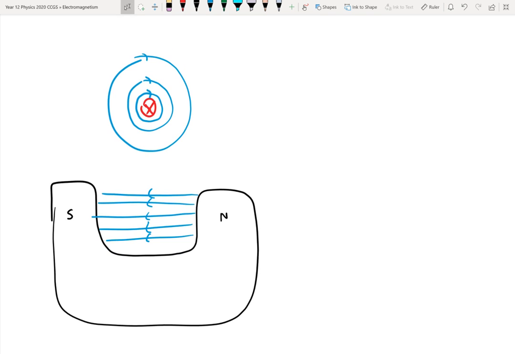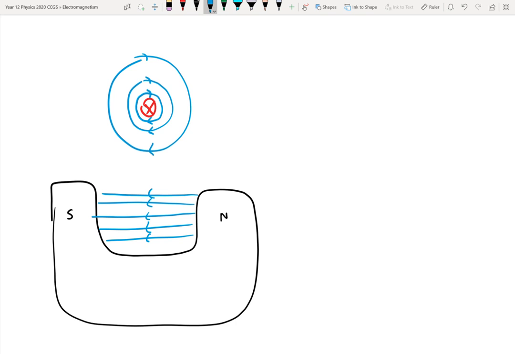We can look at the regions where they're working together, which is underneath the wire. If I imagine taking this diagram and sliding it down into that region, underneath you would see lots of lines. You would have a large field strength. Above the wire, you would have left meets right, and they would cancel.